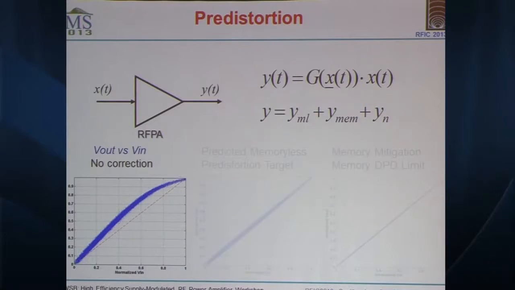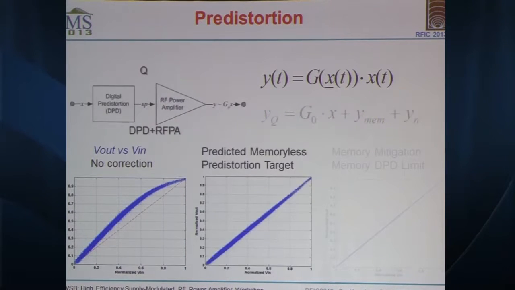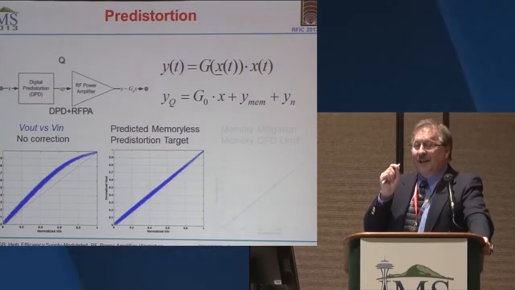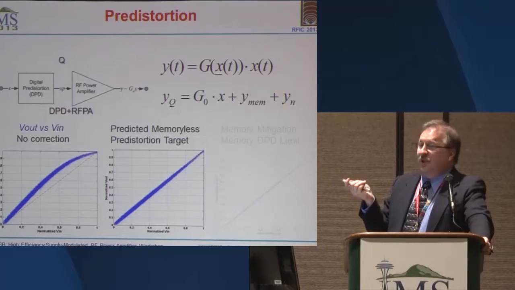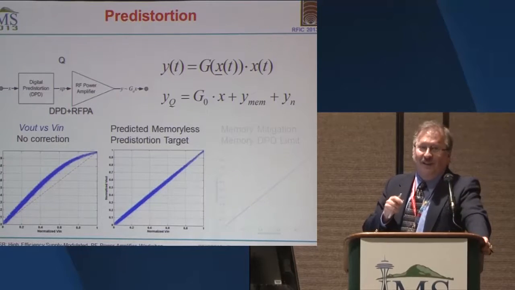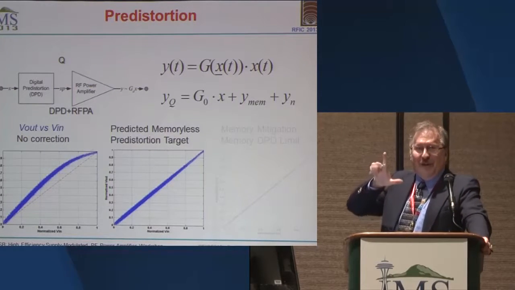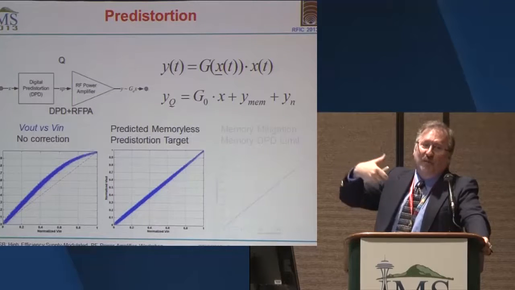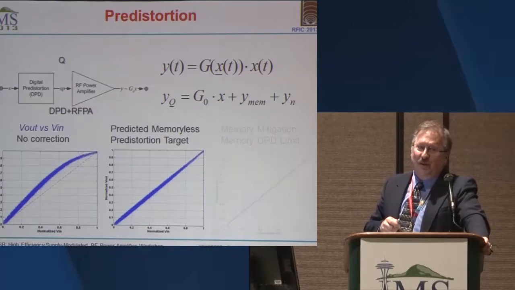So I start out with my memory, my straight through measurement. I'll go ahead and fold in my DPD block, and now I'll measure the system Q from this input over to here, and I get this nice straight line. Now, I did not linearize the PA itself. The PA is still just as nonlinear as it was before. I just modified the input waveform to compensate for the compression characteristics of the PA.